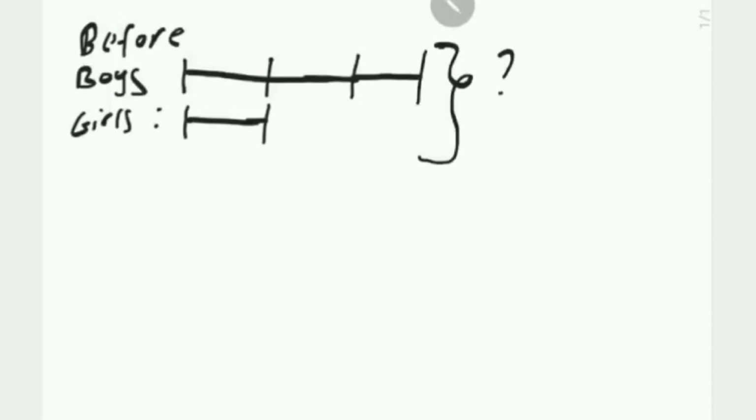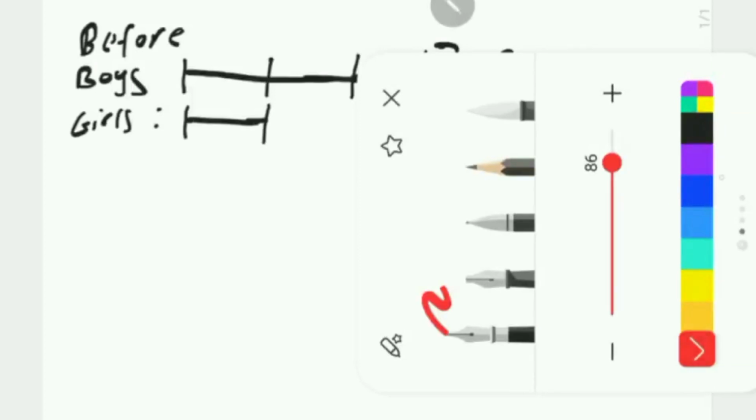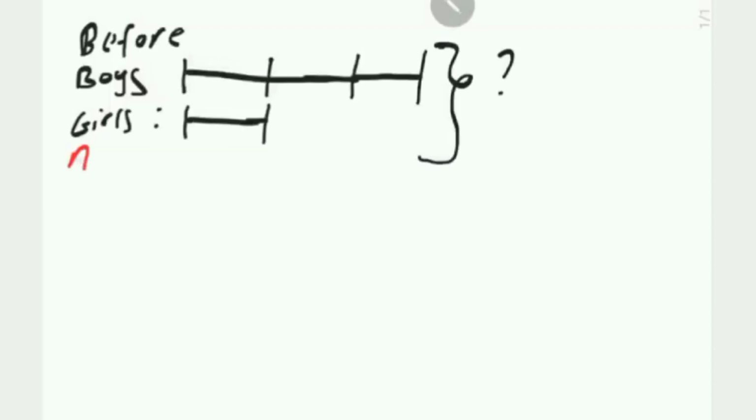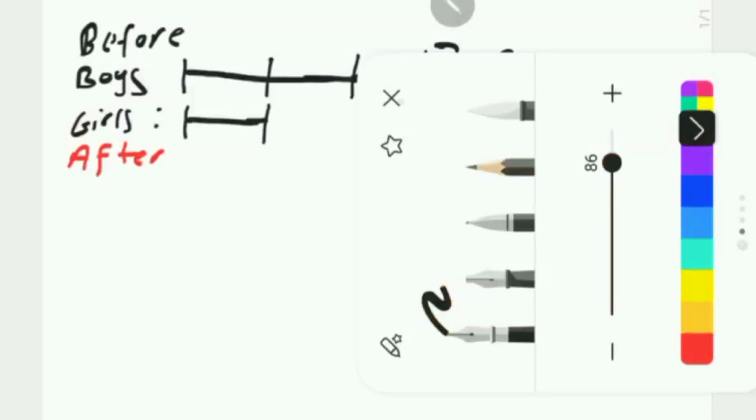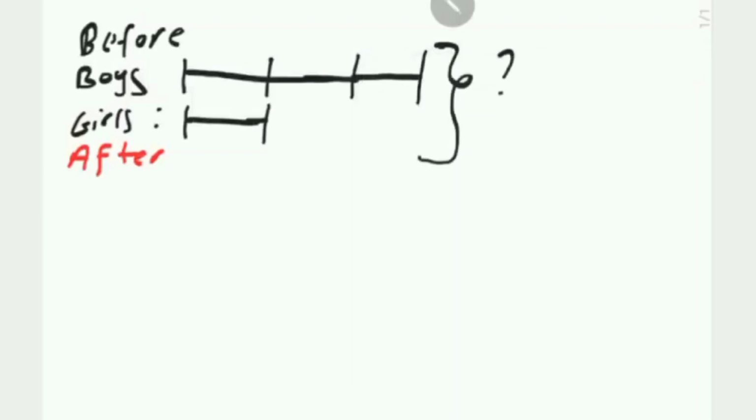In the following month, something happened. 40 new members joined the choir. So that is our after condition. When 40 joined, let's see what happened to boys.